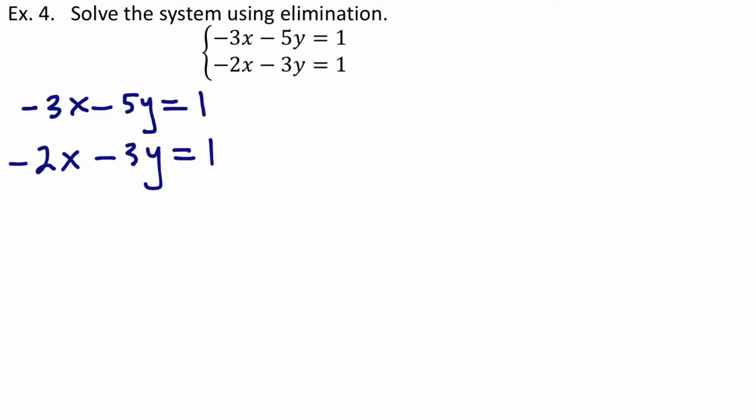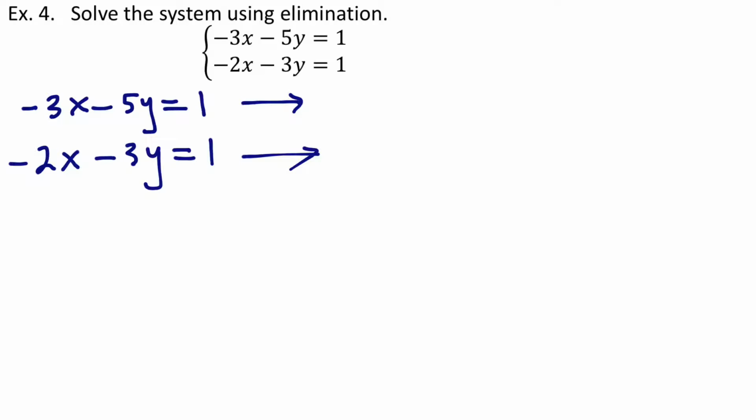I want to choose to either eliminate the x variables in these equations or eliminate the y variables in these equations. So let's just arbitrarily say I'm going to choose to eliminate the x variables in these equations. So what I'm going to do is choose to multiply the x terms in, let's just say, the top equation by some fraction.